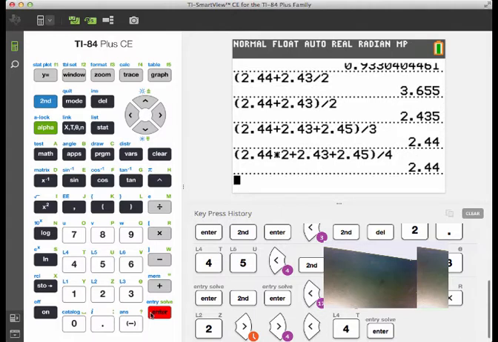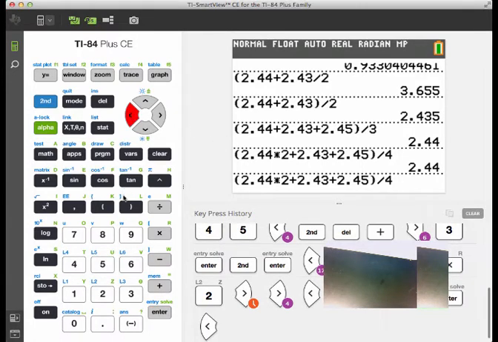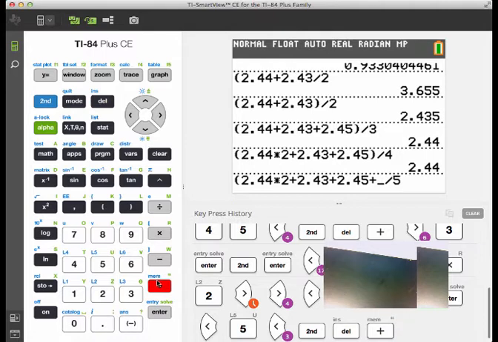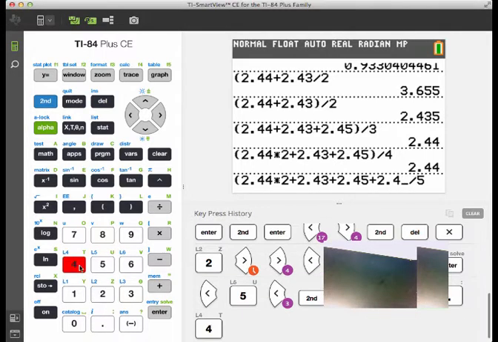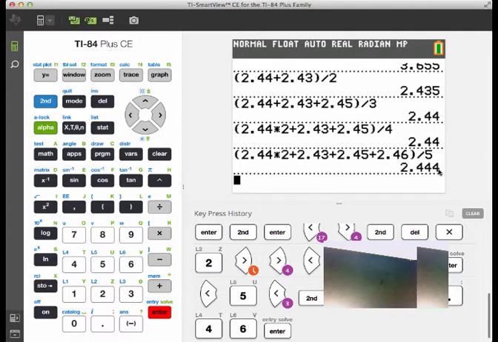And we hit enter, and not surprisingly, we get 2.44 again. And now we do that one more time, second entry, and the last number is 2.46, which is brand new. This is going to become a 5, and we back up here, insert a plus 2.46, and enter. And we get 2.444, and that 4 does not cause rounding, so we are left with 2.44.